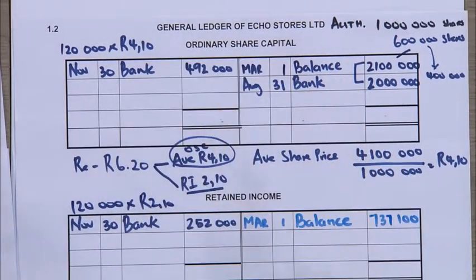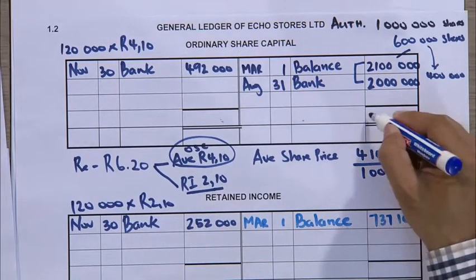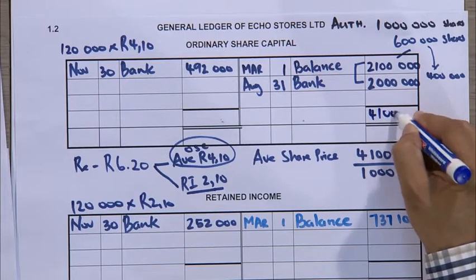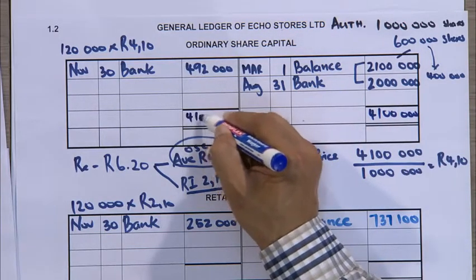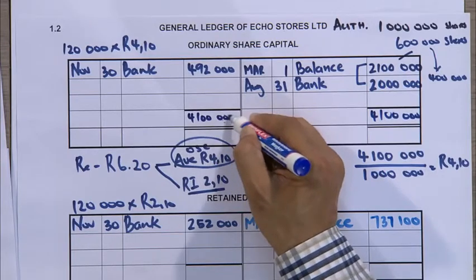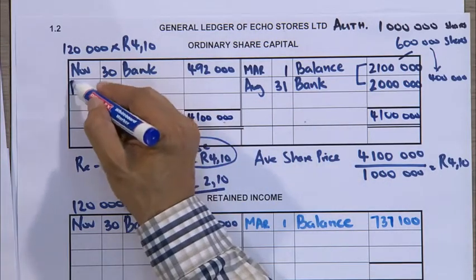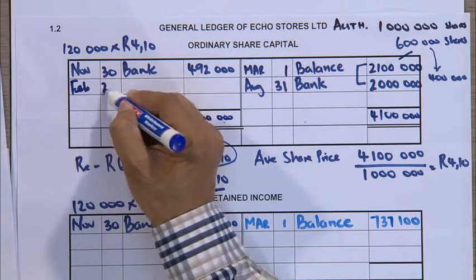As it stands, the capital account is done. We just have to balance that account. So if we total this, it's 4.1 million. So remember that we are balancing at the end of the financial year.